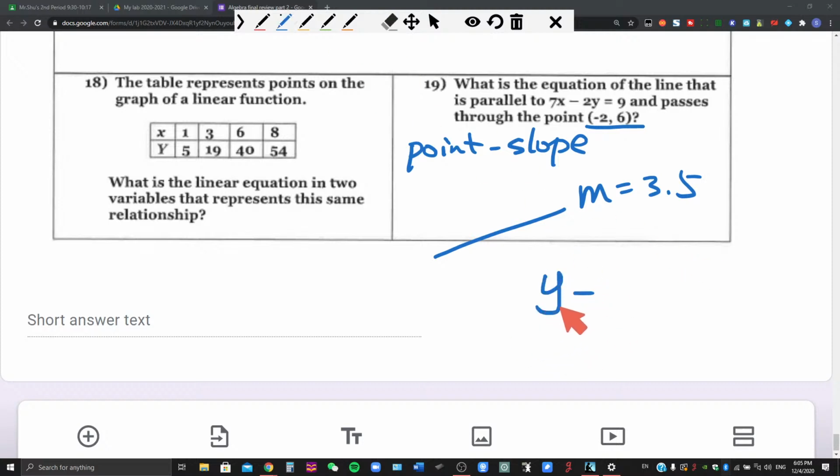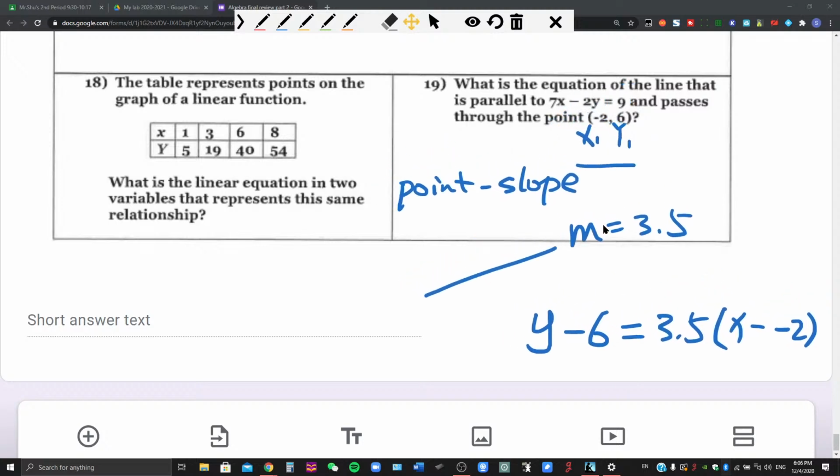What's the y1? y1 is the y in this point (x1, y1). So y1 is 6: y − 6 = m, which is 3.5, times (x − x1). x1 is −2, so x − (−2). We actually already have the formula, but let's put it into a better form.